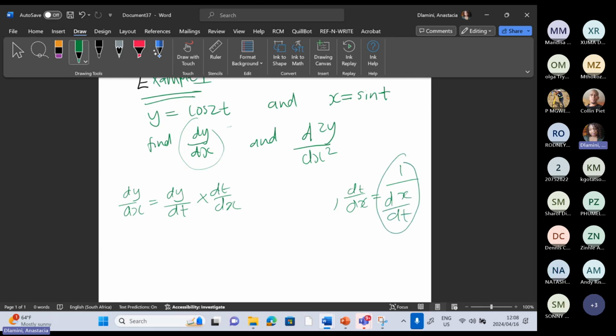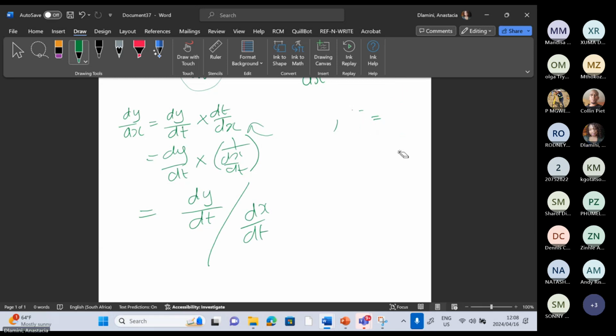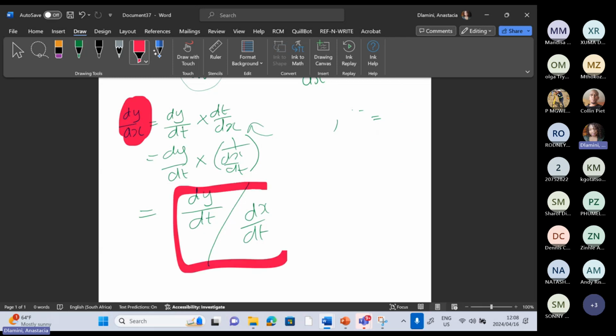So we're going to substitute in here: dy over dt times 1 over dx over dt. You don't have to derive that, I'm just deriving it quickly. So this is dy over dt divided by dx over dt. Are we all together on how I found it? So for you to find dy over dx, you're going to use this part over here. Are we together there?